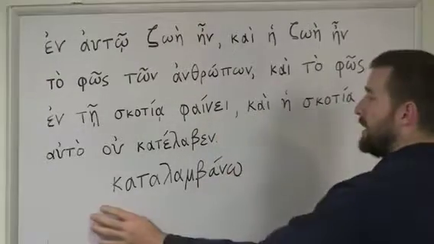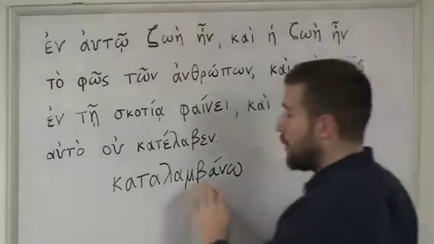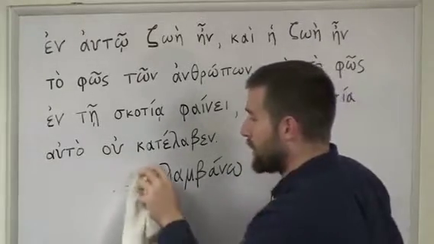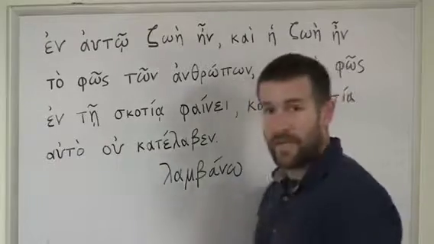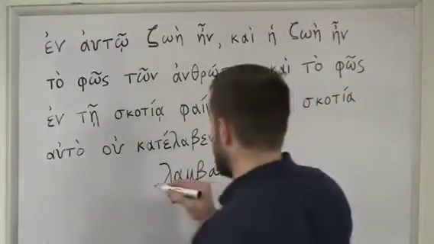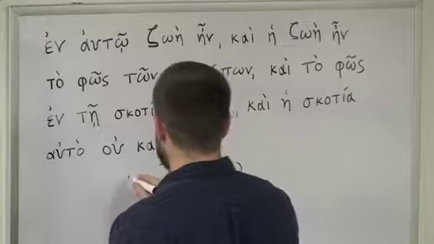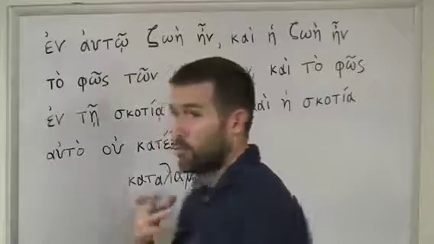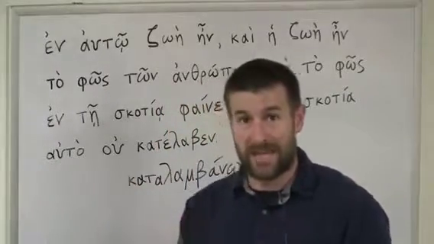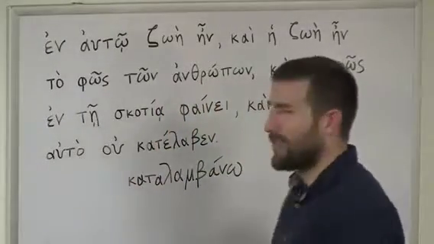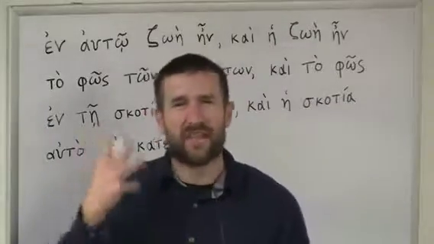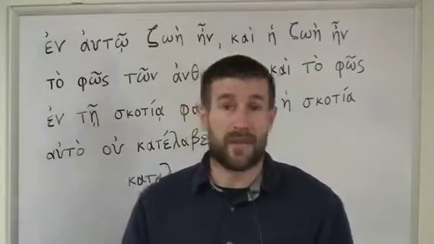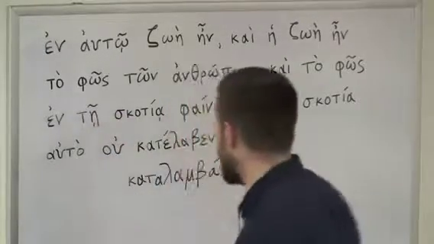And a word that you may be familiar with, a pretty common Greek word, is just the word lamvano, which means I receive. That's where this comes from. Katalamvano means to seize or to grasp or to arrest or take hold of, which is kind of what we're doing when we understand something. We grasp it. If you grasp something, that can metaphorically mean that you understand it or comprehend it.